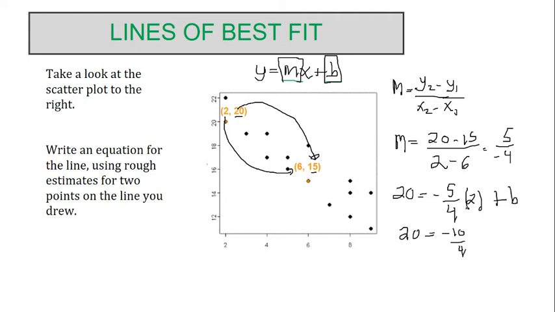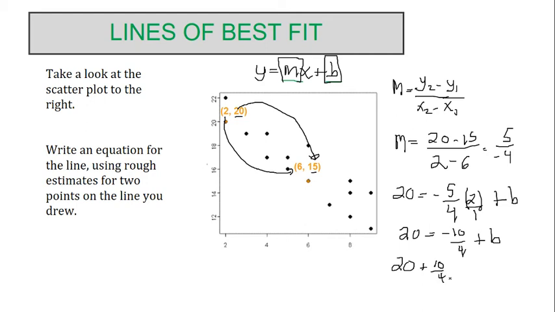Remember, if you need to take a whole number, put it over 1 like this, so you multiply across when doing fractions. Plus b. And then I'm going to solve for b by adding 10/4 to both sides. So b would be equal to 20 plus 10/4.